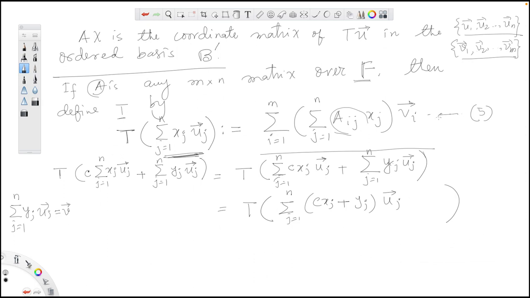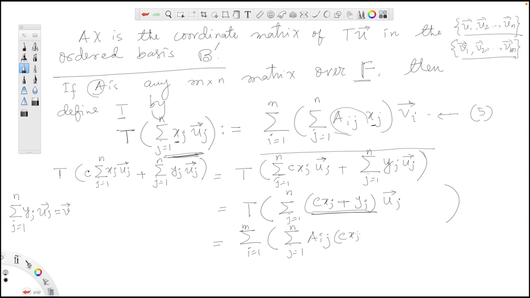According to this definition 5, this is equal to sum over all i's and then sum over all j's, and what are the aij's? I have to plug in aij because that is in the definition, and these are the xj's, so I have to bring xj's. So xj is this whole thing here, right?